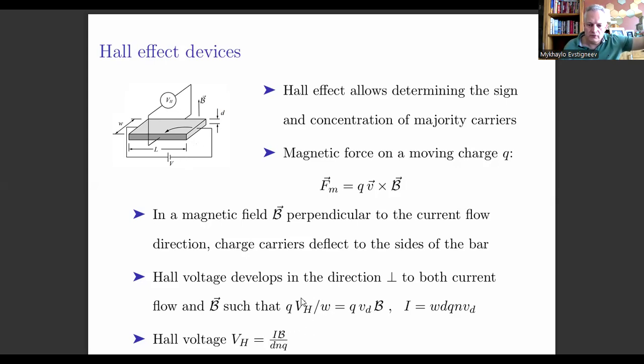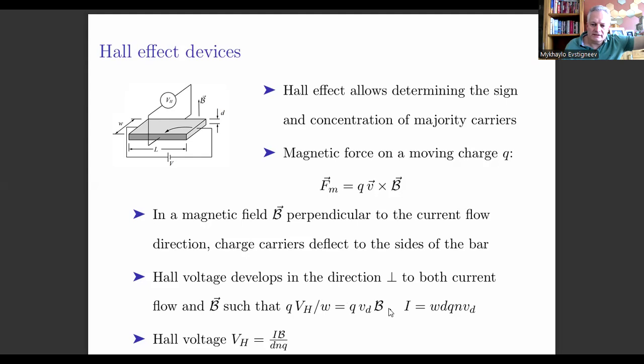The electric field is the ratio of Hall voltage to the width of the semiconductor bar. Multiply this with the sign of the majority carriers, Q, be it electrons or holes, doesn't matter. That gives you the force on the majority carriers due to the Hall electric field.